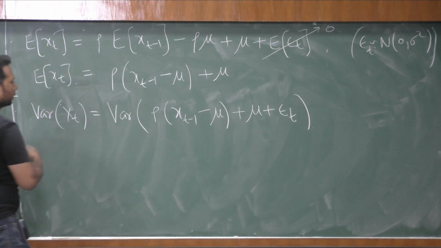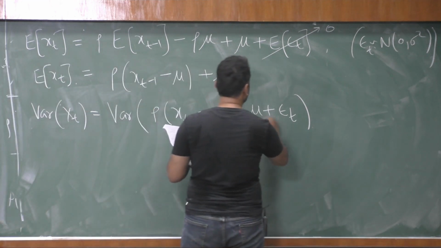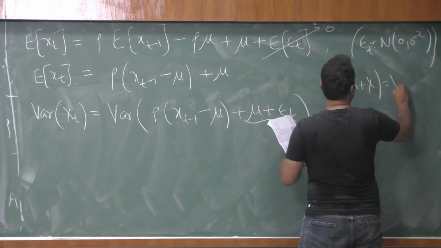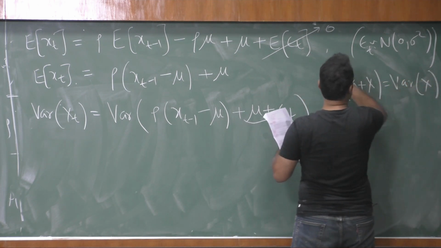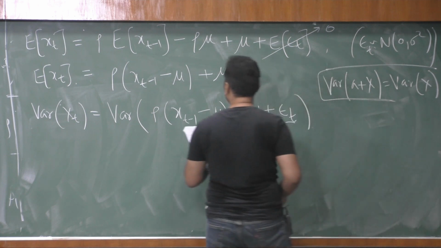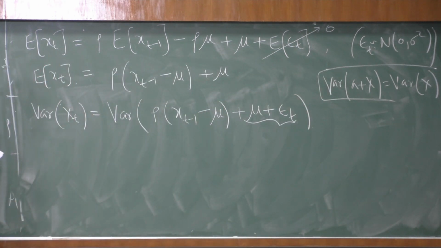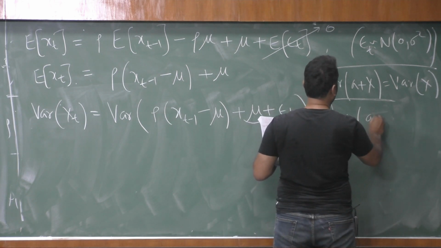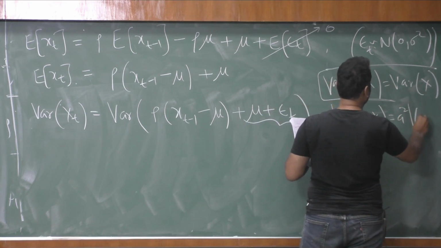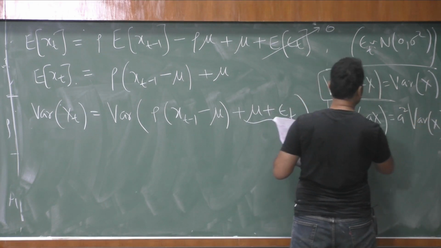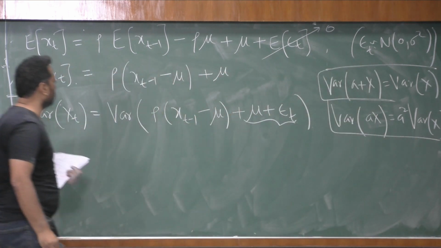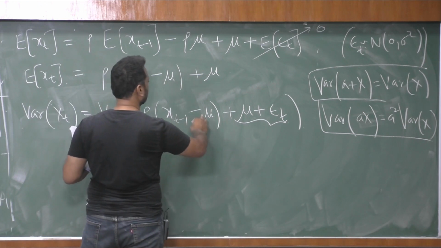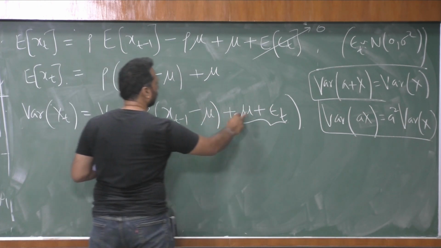The constant terms go away, because the variance of a plus x is the variance of x. We also recall that the variance of ax is a squared times the variance of x. These are the two things from probability that we will need to simplify this.